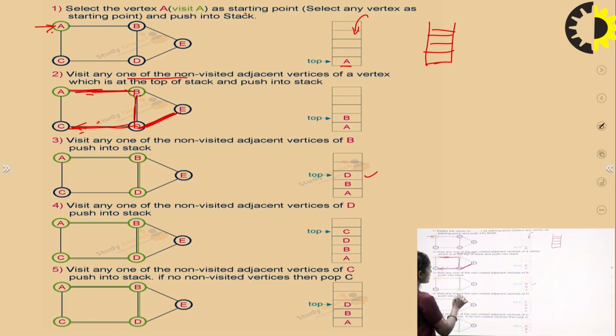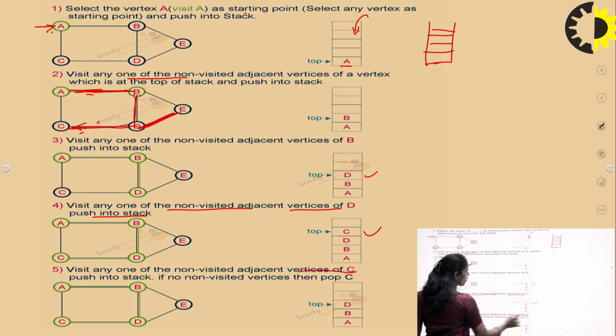And visit any one of the non-visited adjacent vertices of D and push into the stack. Just for example, I select C, so C is added into the stack. Next, visit any one of the non-visited adjacent vertices of C. C has a path from C to A and C to D, but C to A makes a cycle, right?